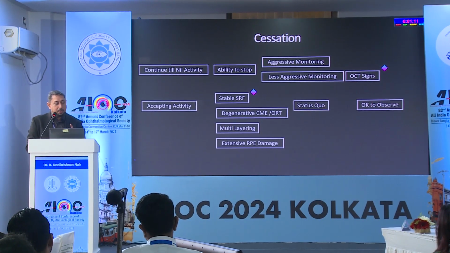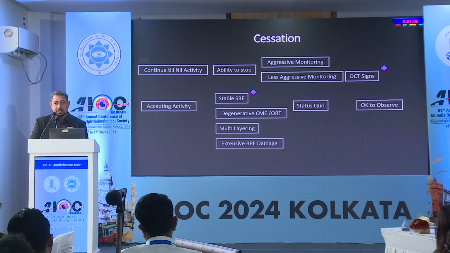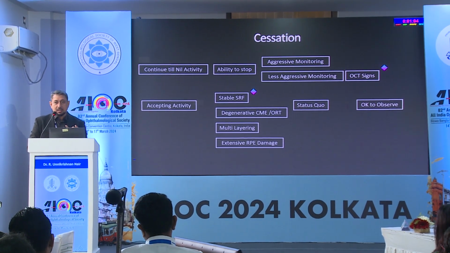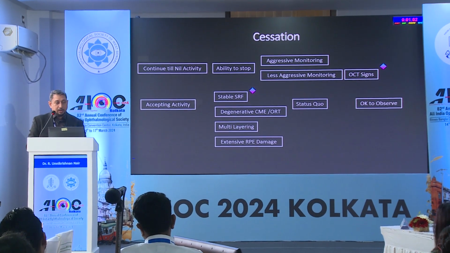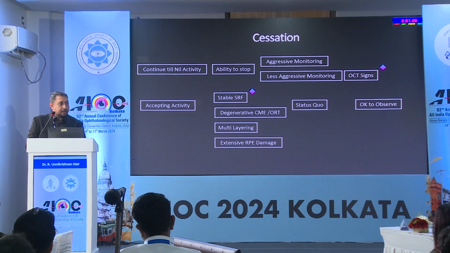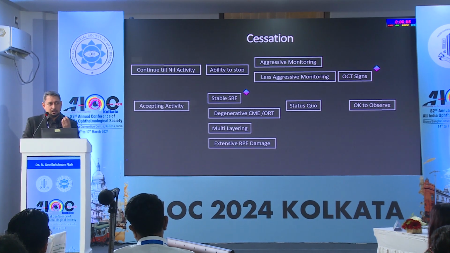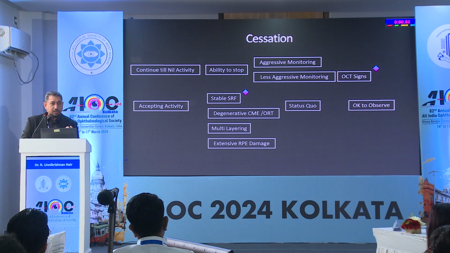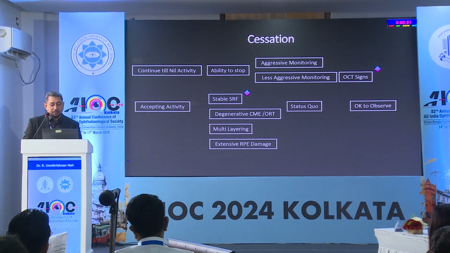So the ability to stop is when you have stable SRF, when you accept activity with stable SRF, when you see outer retinal tubulations, when it goes to multi-layering, or when you have an end result of extreme RPE atrophy, and that requires you to become less aggressive to maintain vision.